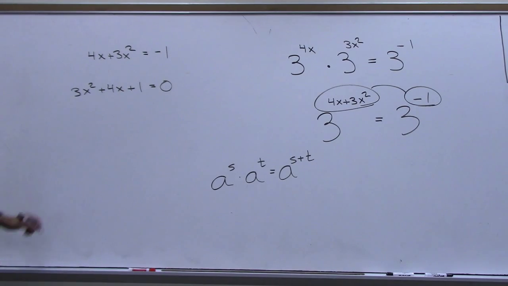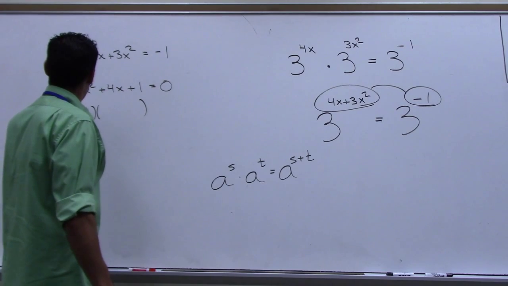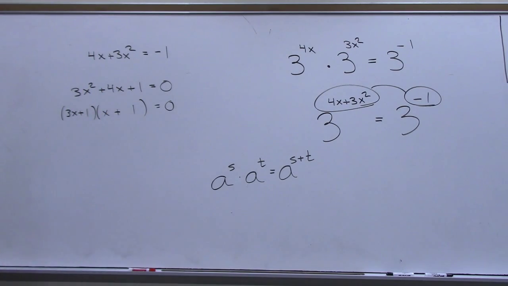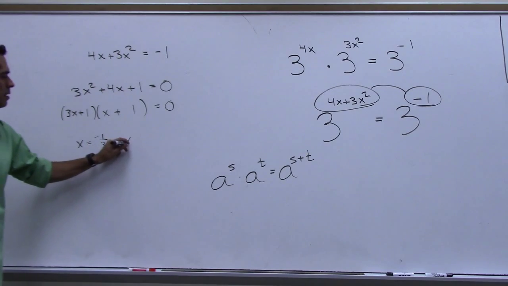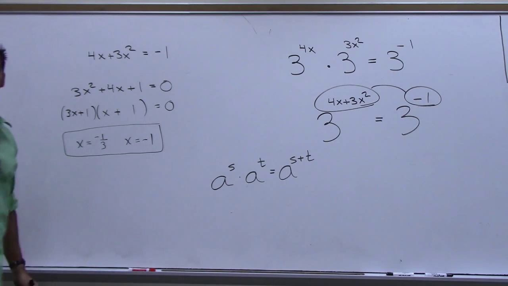And then maybe factor. 3x plus 1, x plus 1. And you get two answers. Negative 1/3 and negative 1. There's actually two solutions to that.